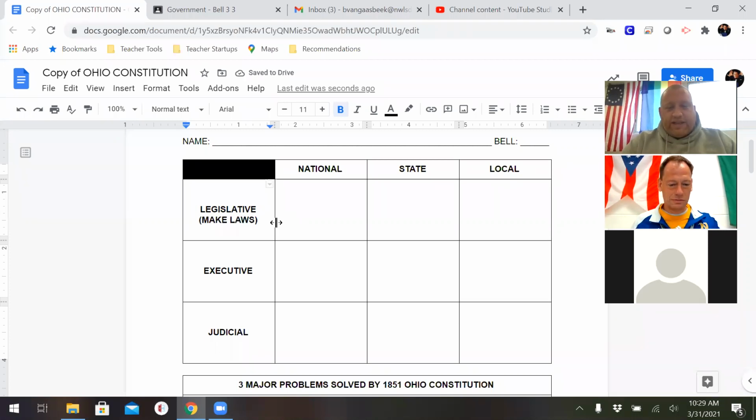They're the ones that decide what laws need to occur. If you remember how a bill becomes a law, when you were doing the Schoolhouse Rock video, I'm Just a Bill. I'm only a bill. It starts off in the House. And then it goes to the Senate and all that kind of fun stuff. So the legislative branch makes the law.